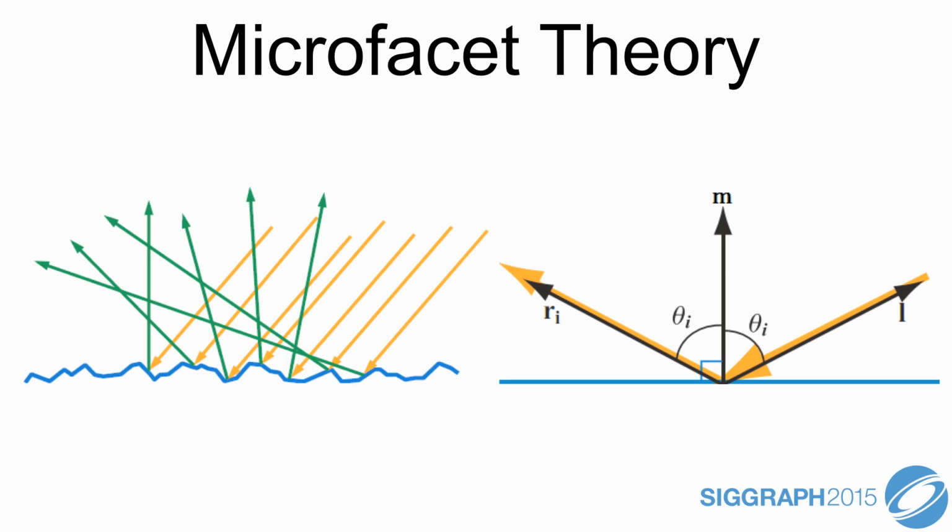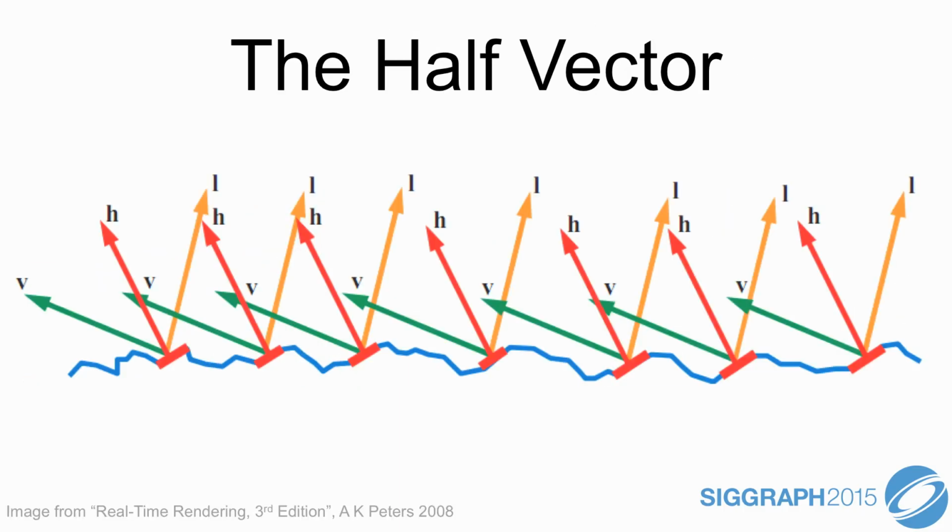So each point is locally a perfect mirror, and as we've seen, a perfect mirror will reflect each incoming ray of light, ignoring refraction for the moment, into one outgoing direction. And that outgoing direction depends on the light direction and the normal. In this case, it depends on the light direction and the microfacet normal. Now, only those microfacets that happen to have their surface normal M oriented exactly just so in order to bounce L into V, only those will reflect any visible light, right?